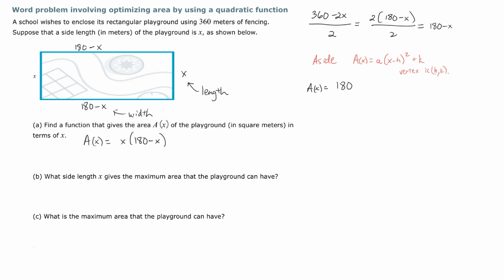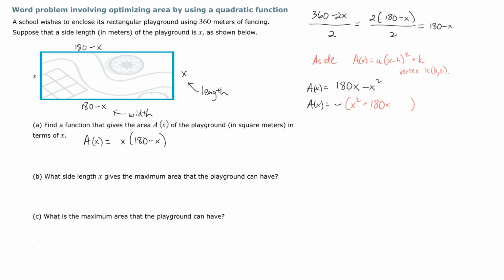It's 180x minus x squared. I'm going to rewrite this. I'm going to factor out a negative 1, and then focus on x squared plus 180x. We're going to complete the square by adding 0 to the right-hand side of the equation.